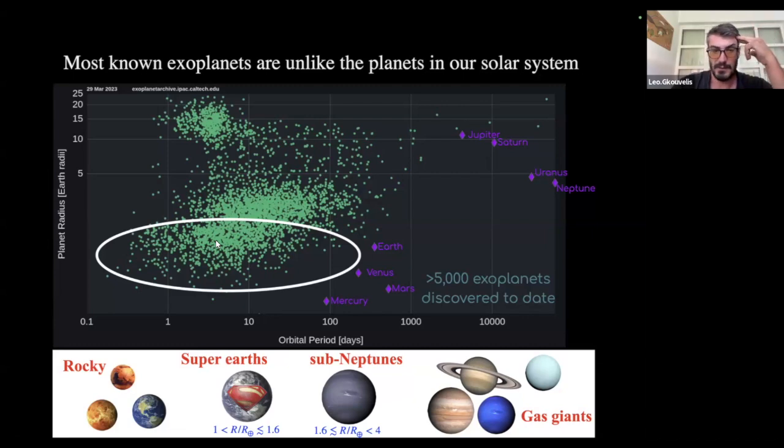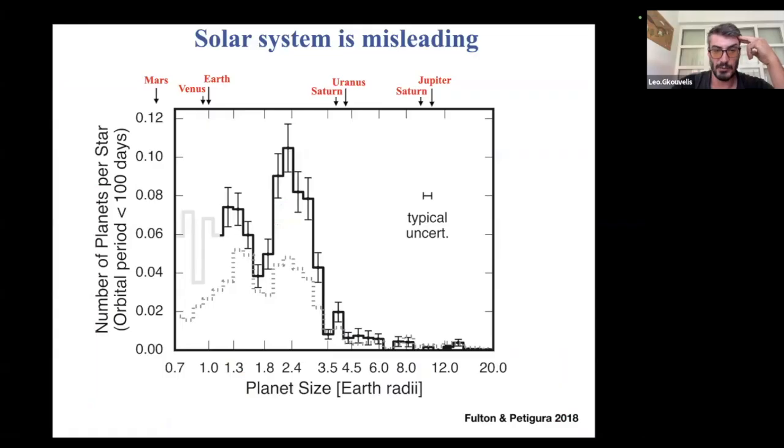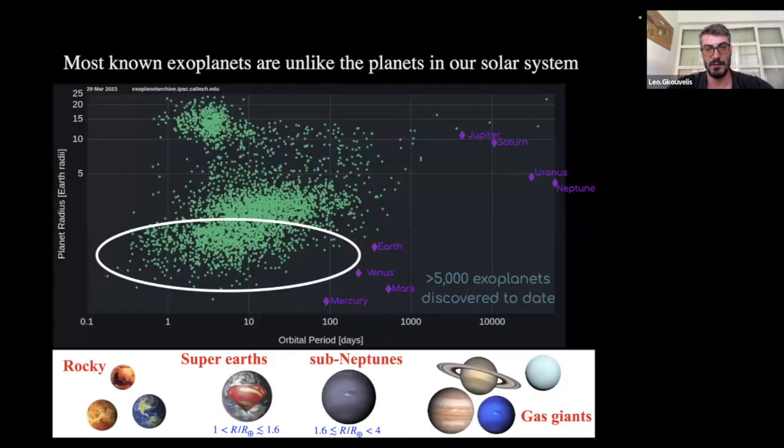Right? Now I'm going to show you a normalized plot which shows you the population of at least known exoplanets, in a sense, in an unbiased way. You see now that the gas giants here are practically a very, very small percentage if you compare with the previous plot.